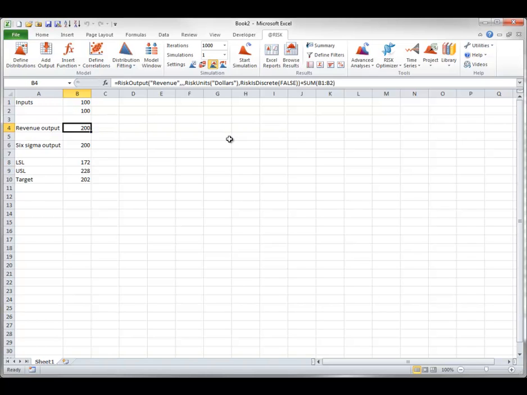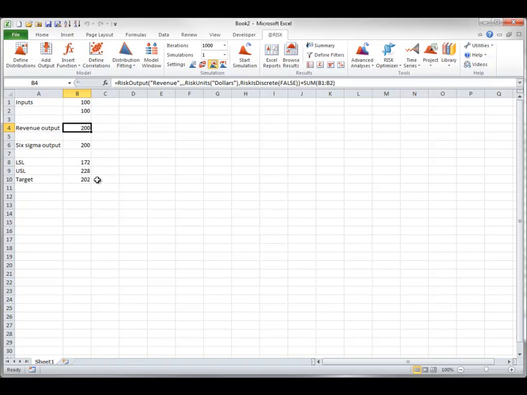Another use of property functions for an @RISK output is in a Six Sigma quality control setting. Suppose the output must be between lower and upper specification limits, LSL and USL, of 172 and 228, and it should have a target of 202.